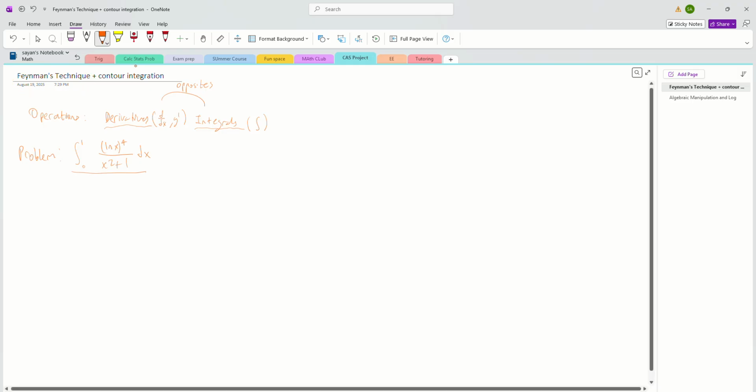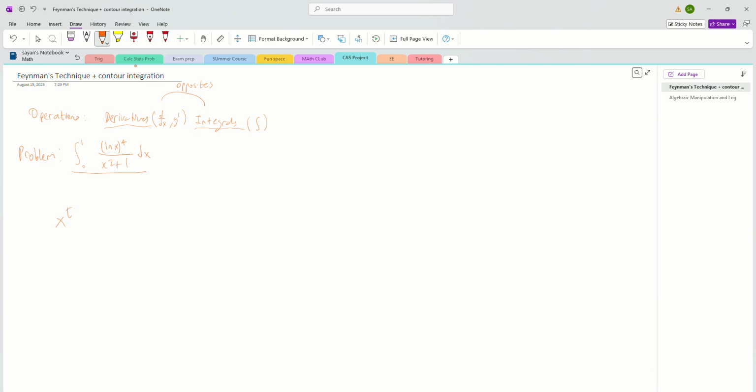So let's recall, if I have some exponential function, x to the t, and I take the derivative in terms of t, then we're going to get x to the t times ln x, right? Just chain rule. So let's say I take the derivative again. It's going to give me x to the t ln squared x.